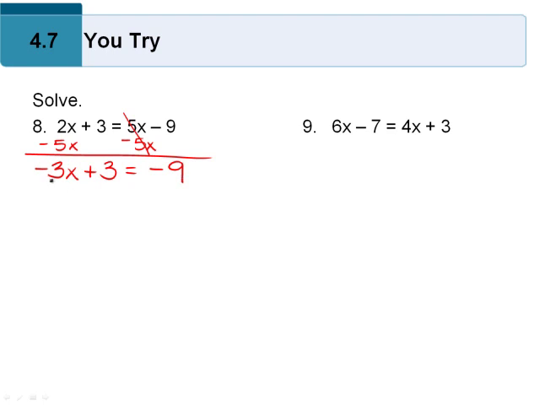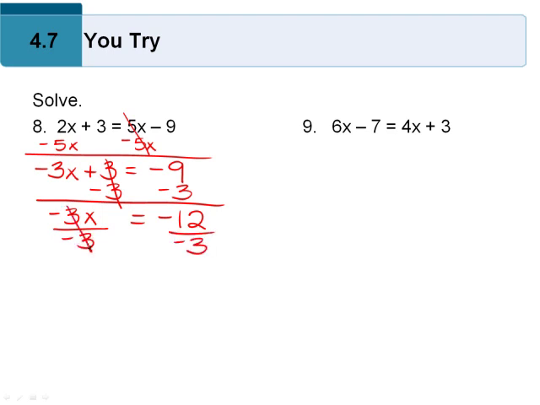Now, the next step is move the constant, the 3, to the right. So I'm going to subtract 3 from both sides because you want to get negative 3x by itself, okay, which comes down. The 3's cancel. Now be careful. Two negatives, remember you add and keep the sign. So that's going to be negative 12 when we add negative 9 and negative 3. And then the last step, divide by negative 3 on both sides. So the negative 3's cancel, and x equals positive 4.